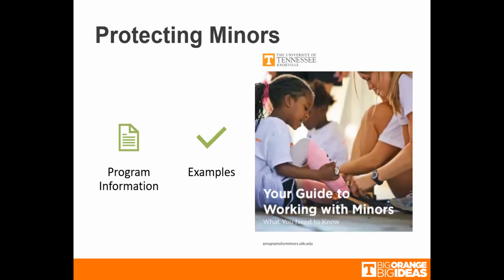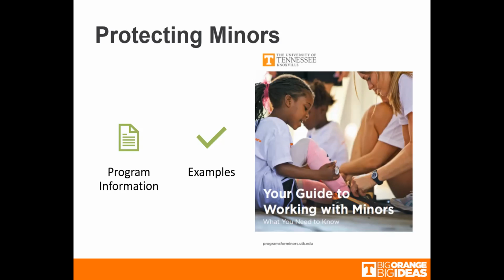Here on campus, if we do anything with kids, we have to go through the Protecting Minors program. This program was put into place after, you may remember, the incidents that happened at Penn State University, where one of the football coaches was abusing children, and it went unreported for years. Numerous people knew, but nothing was being done.